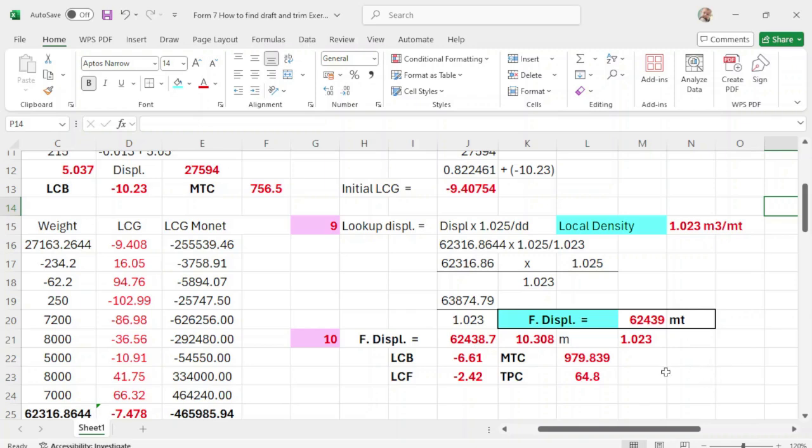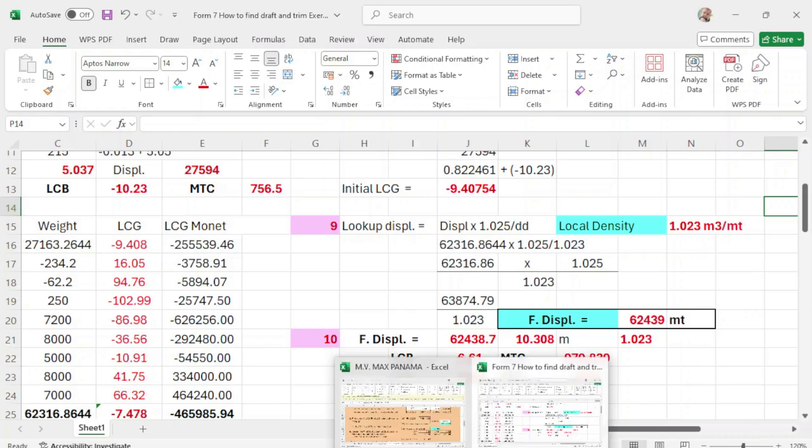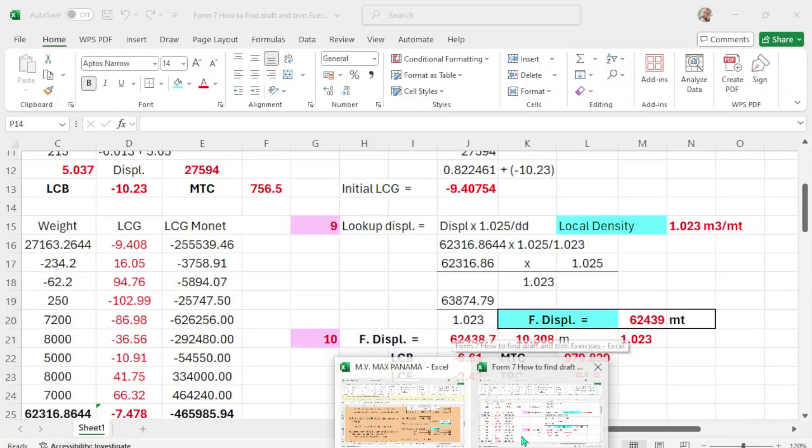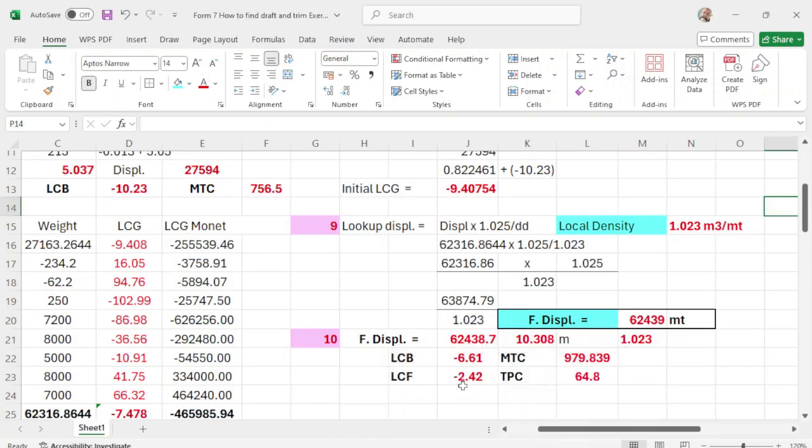Just compare. So what he got, the LCB is negative 58. I got negative 61 here. LCF is negative 233. Negative 233. LCF is negative 242.